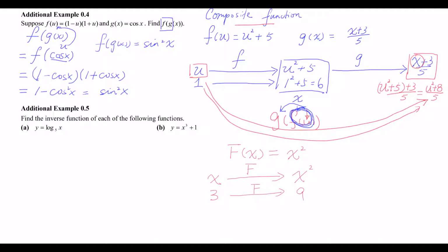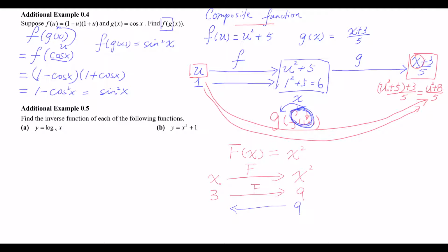Now, if I want to reverse it, I'm going backwards. If I have the value 9, I'm asking what numbers, after squaring, give 9.